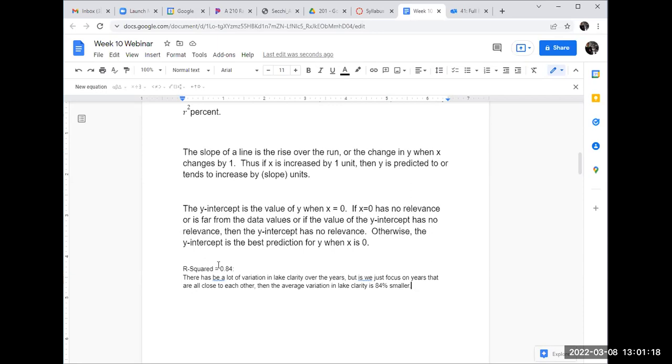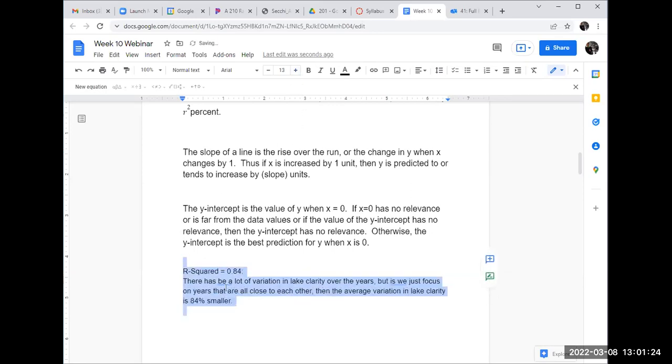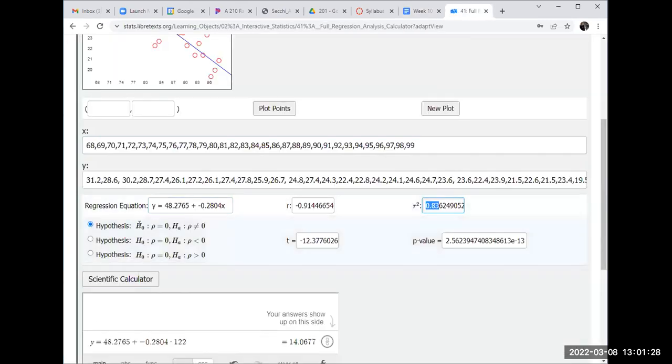One more thing that I want to do with this particular example is our hypothesis test. We already had, by the way, H naught, rho equals 0, and HA, or H1, you choose whether you want to use it. What is close to each other?